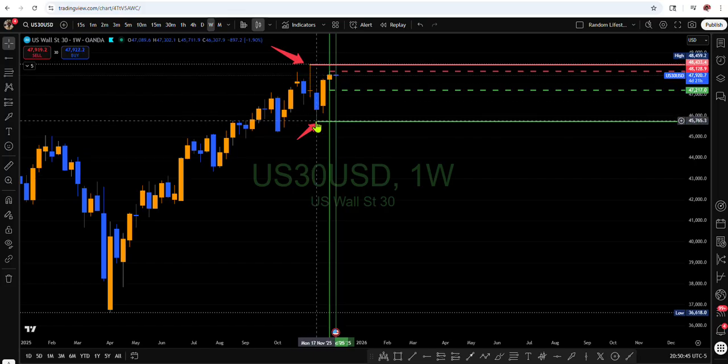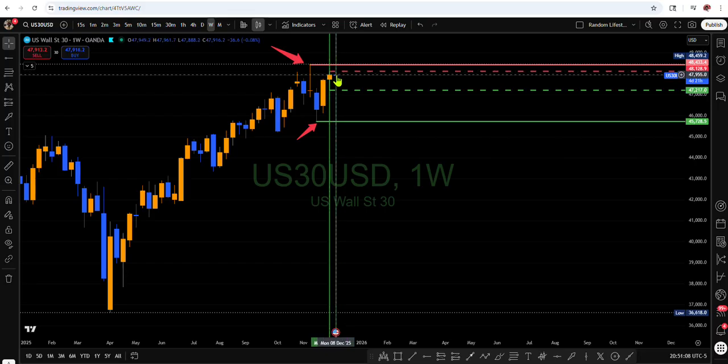And then from here, it rejected and started making its way back up. So this area right here is December 1st, where it started rejecting, and December 8th. So literally this whole week, it's been dancing in this area right here. It made plays, but it hasn't moved out of this area.